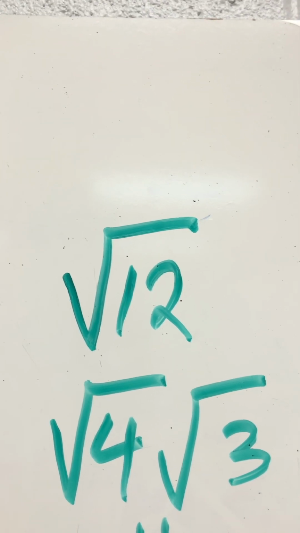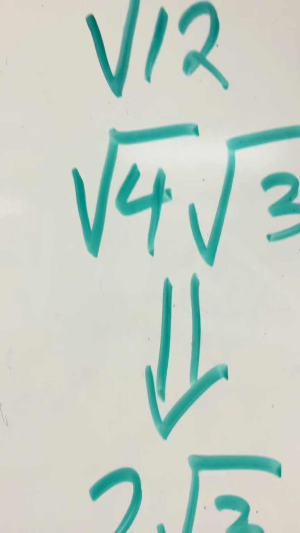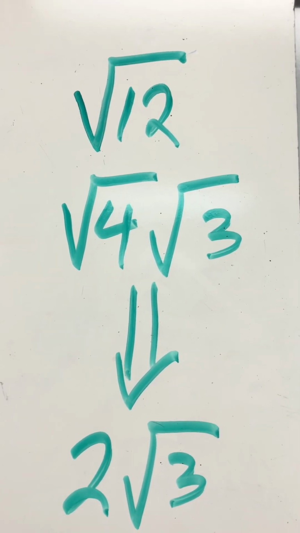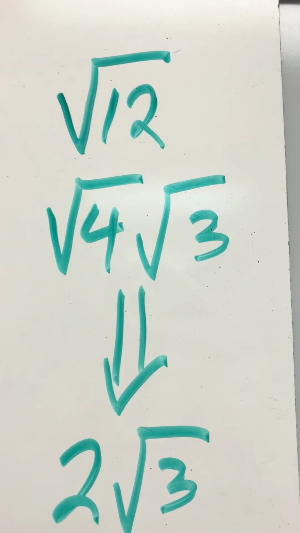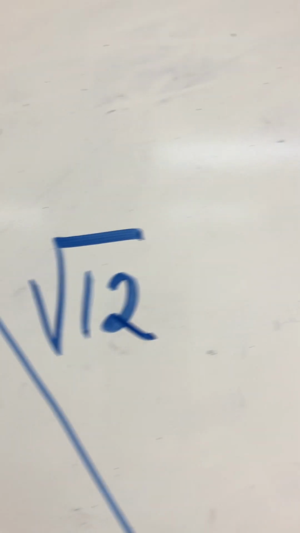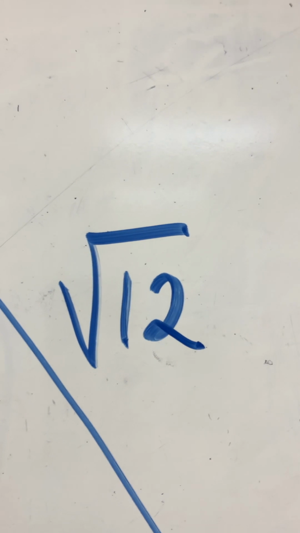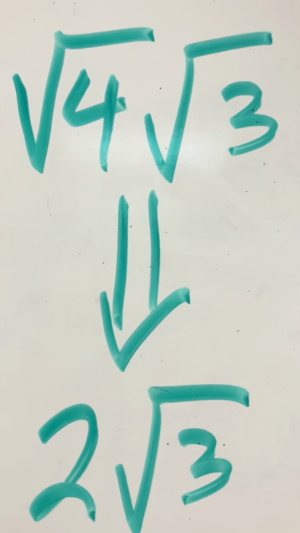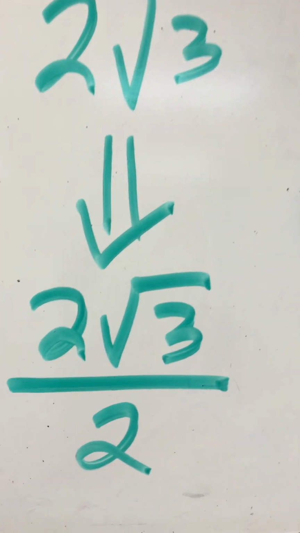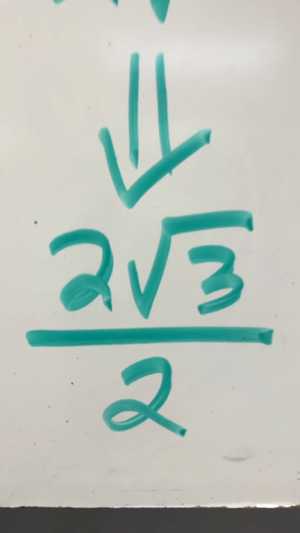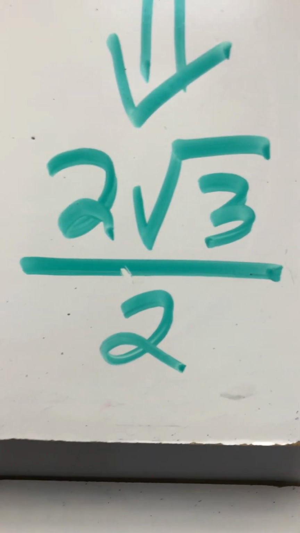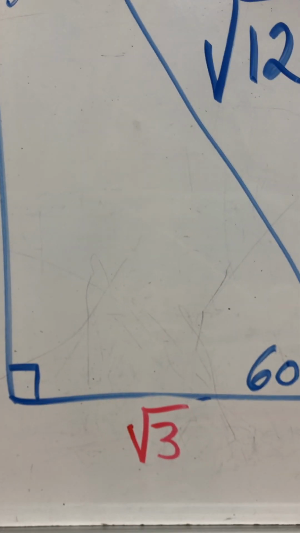What's the square root of 4? 2. So square root of 12 is 2 square root of 3. So in other words, how do I divide this by 2? Well, I take 2 square root of 3 and I divide it by 2. What happens to the 2's? The 2's are going to cancel out, leaving me with just square root of 3, right?